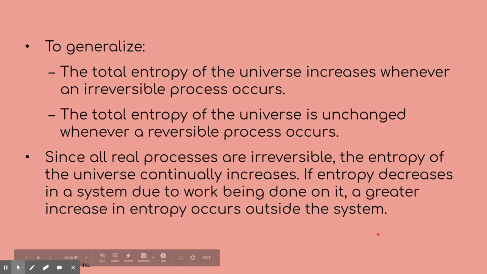That means that the universe's total entropy increases when any irreversible process occurs. The universe's entropy is going to remain unchanged, though, when a reversible process occurs. But since all real processes are irreversible, the entropy of the universe is always going to be increasing.